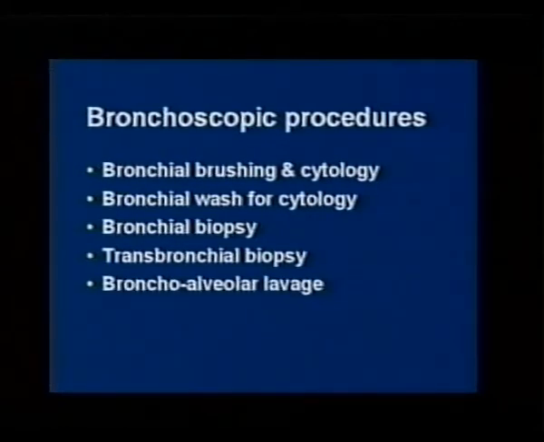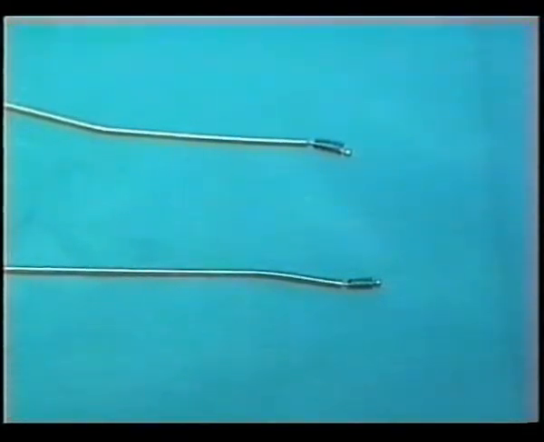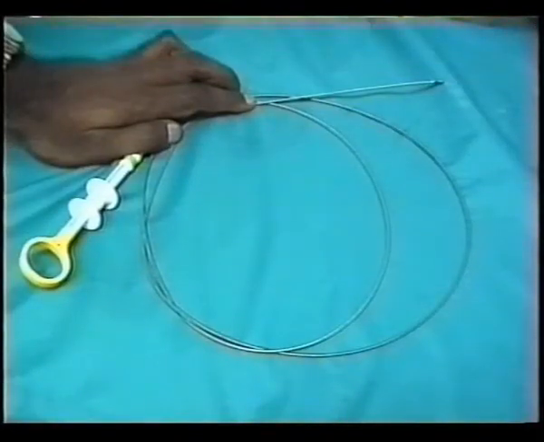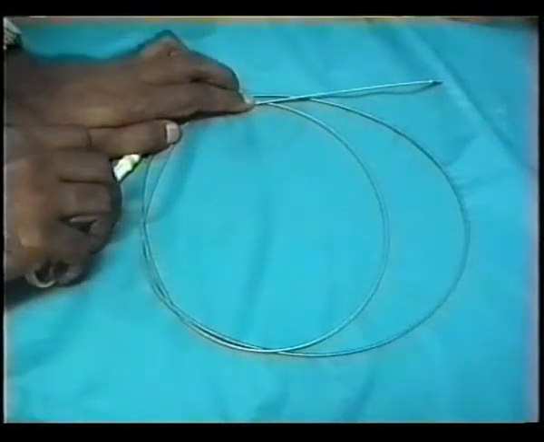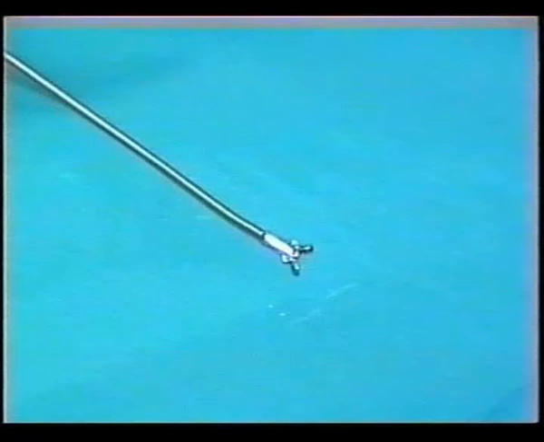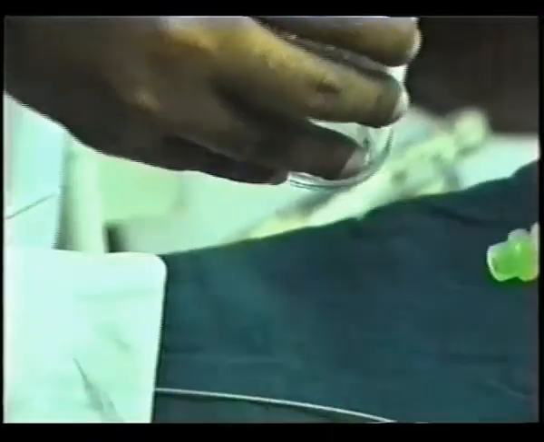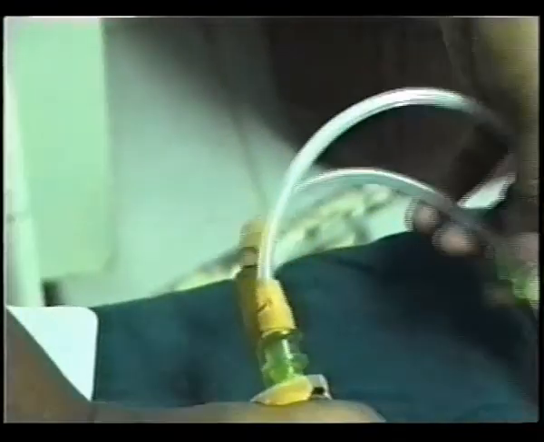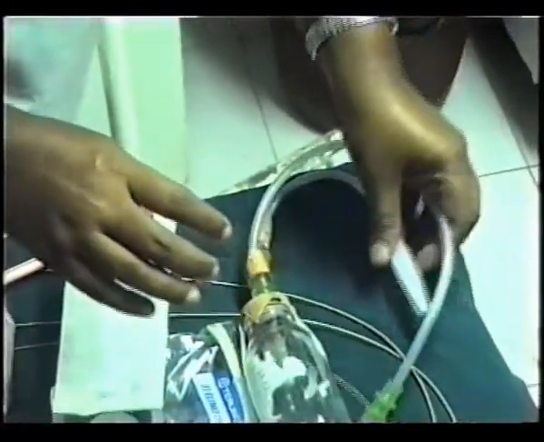Washing of a segment of the lung parenchyma is called a bronchoalveolar lavage. This is a needle, a bronchoscopic cytology brush, biopsy forceps, and the bronchial trap used for bronchial washings.